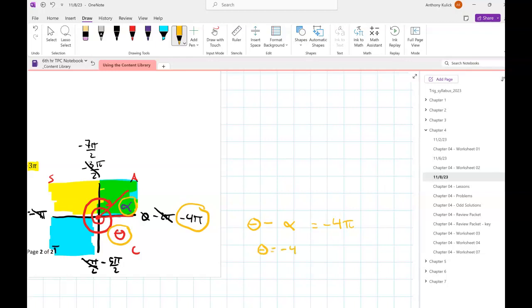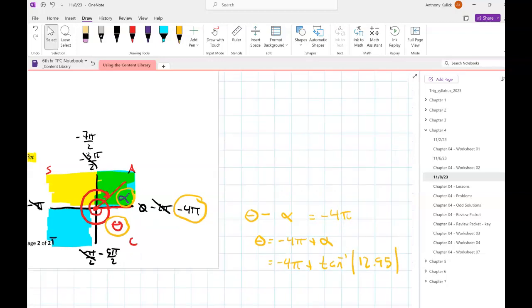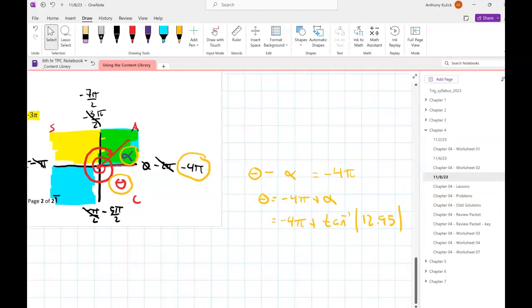So my equation should be, when I add alpha to both sides, negative 4 pi plus alpha, which I think is what you said in the beginning, Joey. I just wanted to work through it slowly so I didn't leave anybody behind, but you're right on.